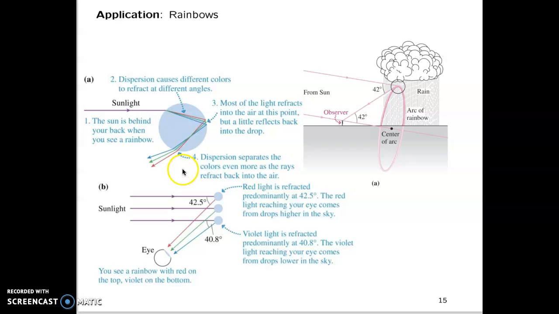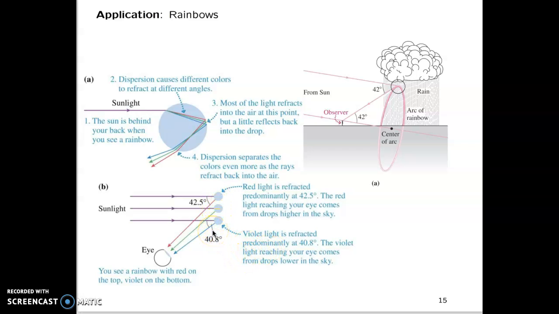And if you were to do that, you would find that the prediction would be that not only would the light be broken up into the different colors, but the colors would be bent into the shape of a bow, of a semicircle. That turns out to be a result of the spherical shape of the droplets. So don't worry too much about the shape of the rainbow. What I want you to understand, based on the information provided in this slide, is why you see the colors in the arrangement that you do.